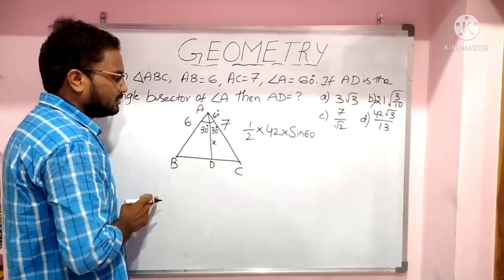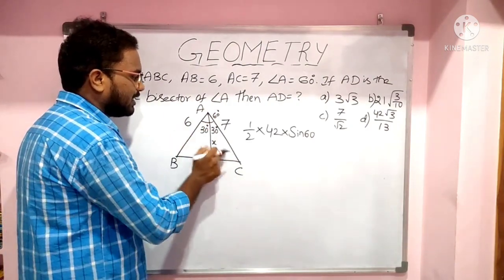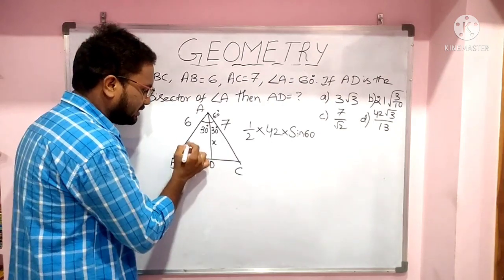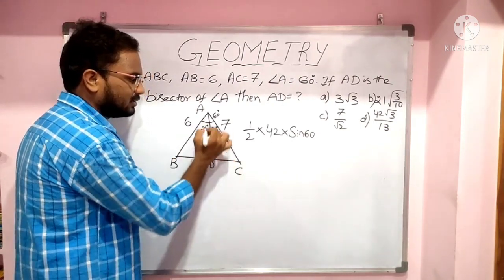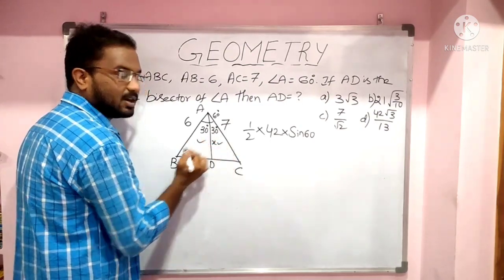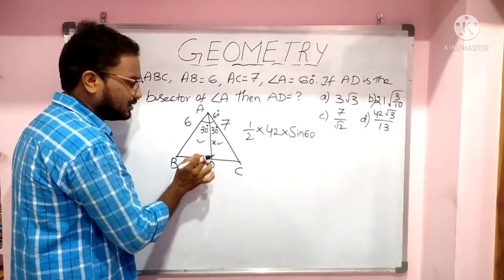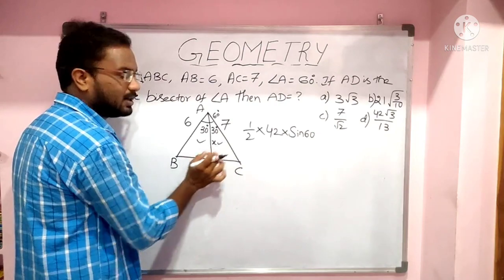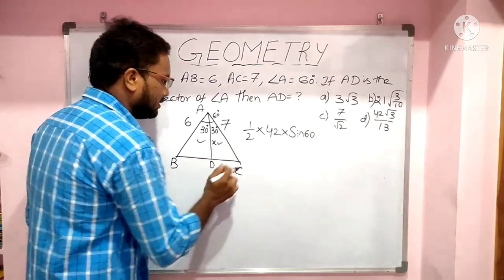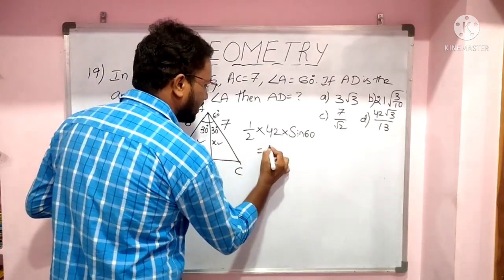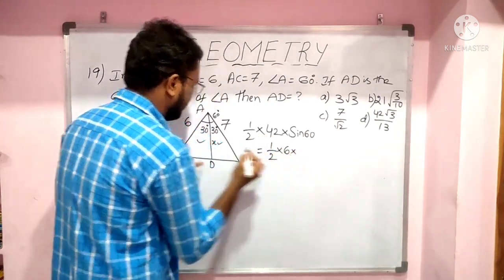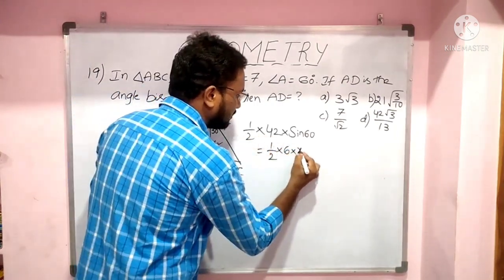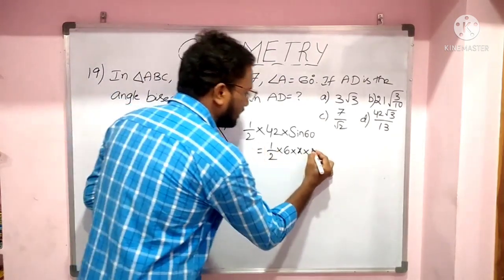This area can be divided into triangle ADB area and triangle ADC area, the sum of these two triangle areas. So the total triangle area equals half into 6 into x into sine 30.